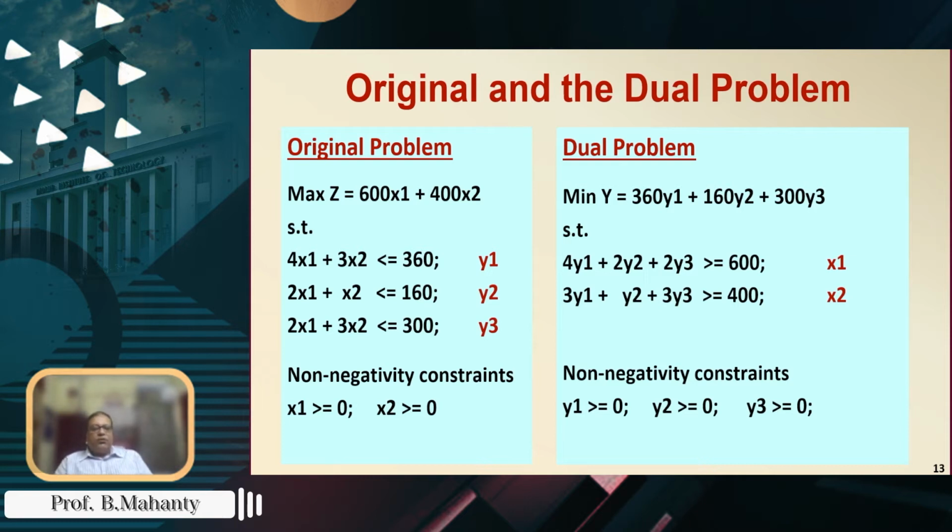Now, if we look at the dual variables, then a very interesting thing will be revealed. What is that thing that is revealed? The dual variables, that is y1 and y2 and y3, they are actually connected to the constraints, right? So they are actually connected to the constraints, and those constraints are all greater than equal to 0.